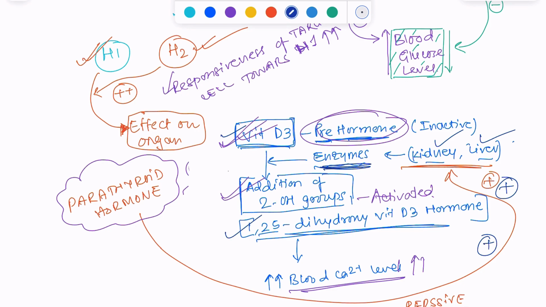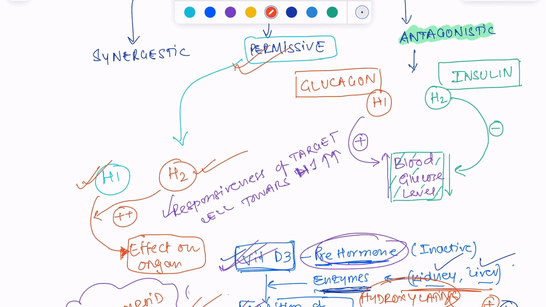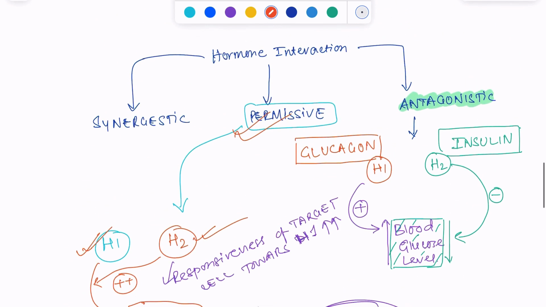So there are some hydroxylating enzymes, right? And these hydroxylating enzymes are activated by what? By this parathyroid hormone. So that is the permissive effect. Okay, hope this is clear to you all.